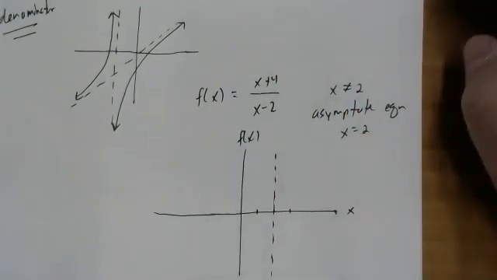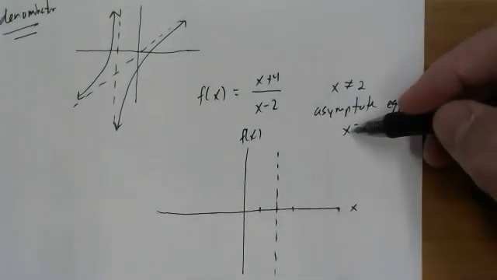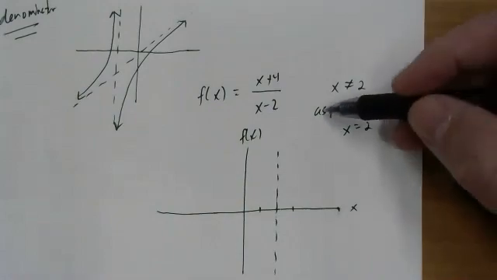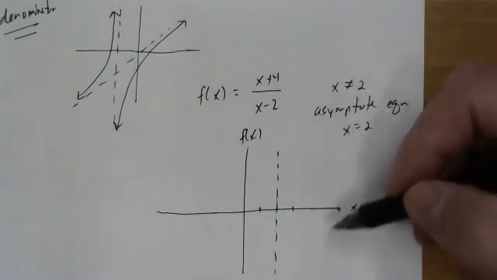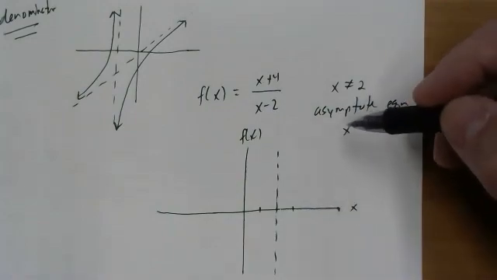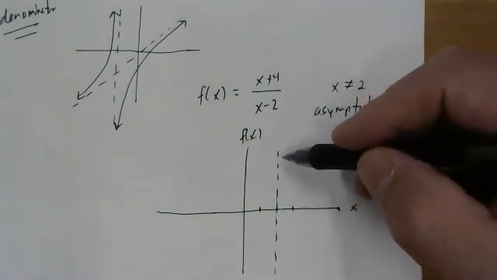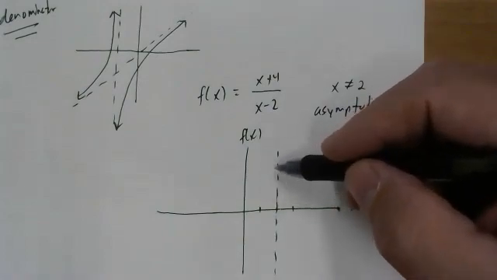The dashed line means it's an asymptote. When you give the answer, if they want the equation of the asymptote, you say x equals 2.